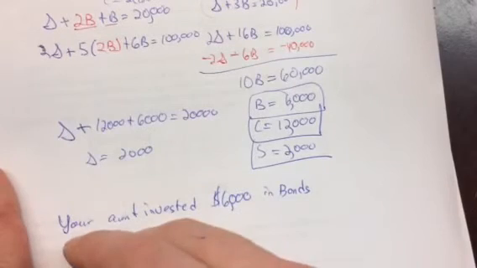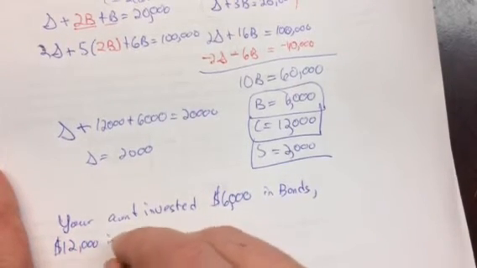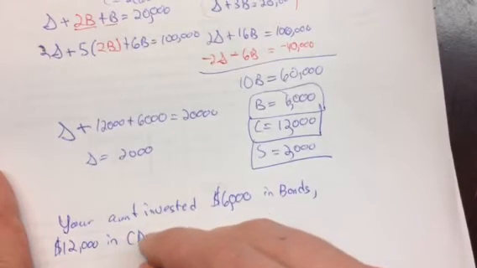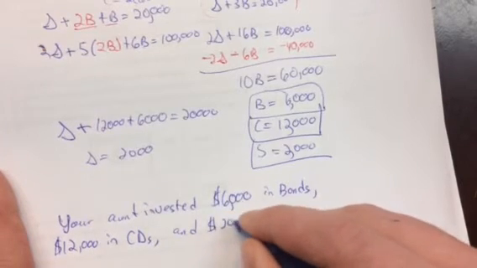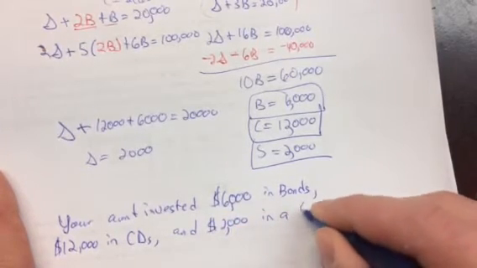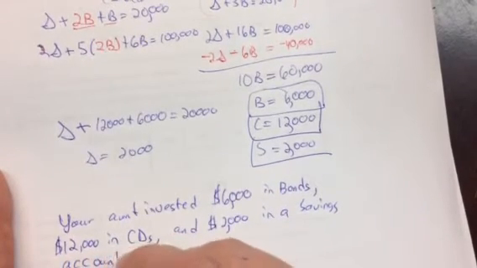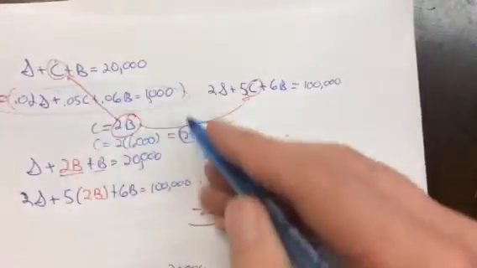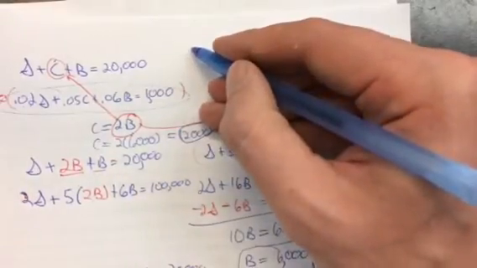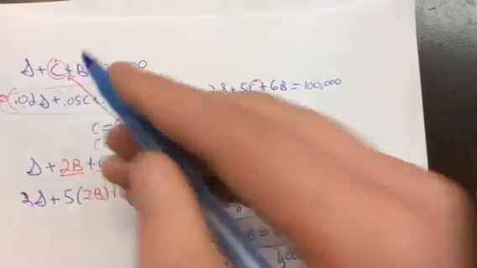She invested $12,000 in CDs and $2,000 in a savings account. Again, this comes from, I hope you had your variables well defined. When you had your equations written out, you should have defined your variables and said S is the amount she put in the savings account, C is the amount she put in CDs, and B is the amount she put in bonds.